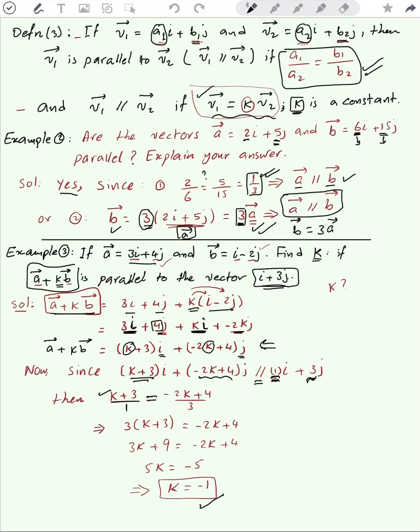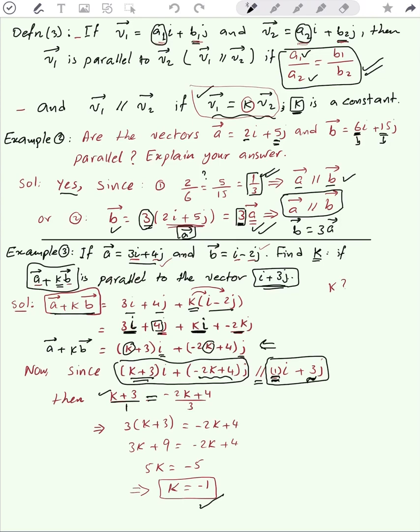Now the question tells us that this vector is parallel to this. Notice, dear students, that we cannot use the second part of the definition, the multiple one, in this example. So we can only use in this question the first method, a1 over a2 is equal to b1 over b2.